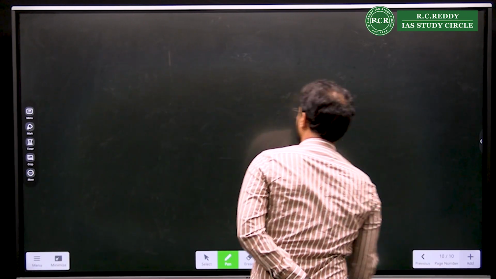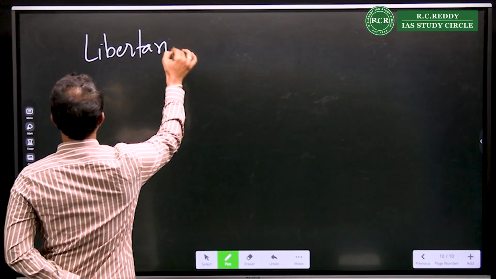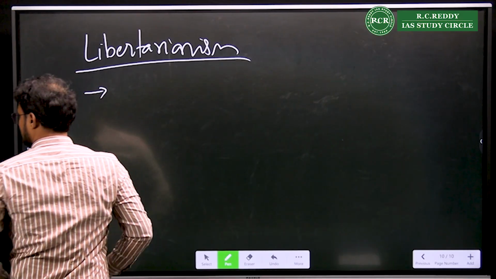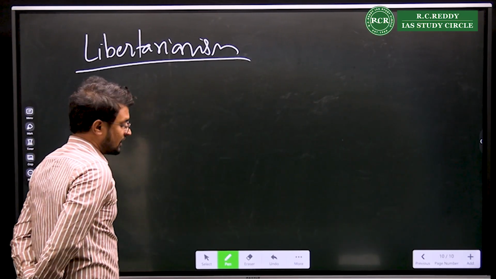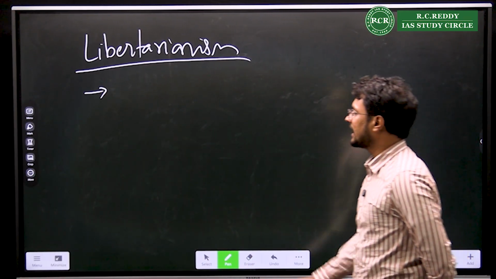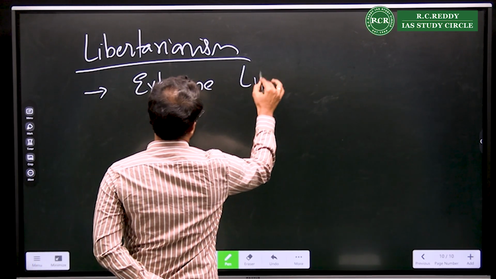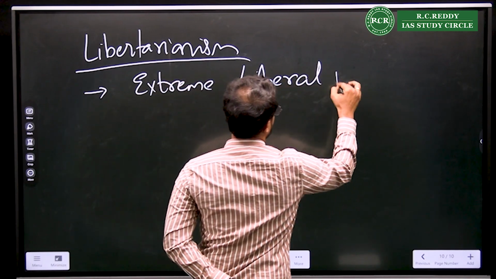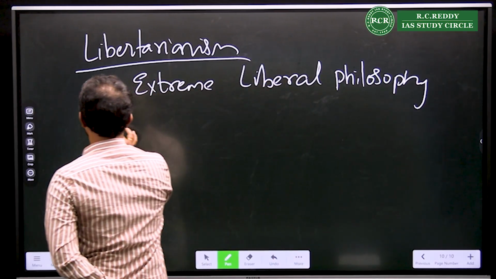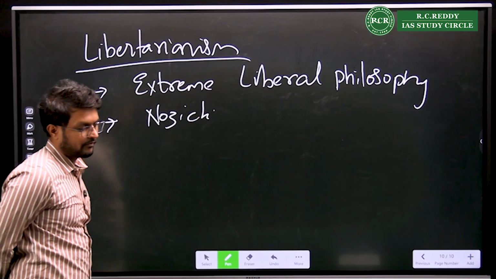The next school that we look at is libertarianism. We have shifted the class. Okay. So libertarianism is a kind of extreme liberal philosophy, given by scholars like Nozick, right?